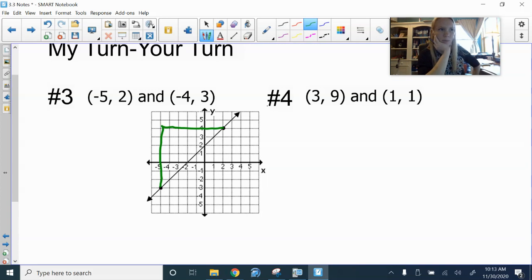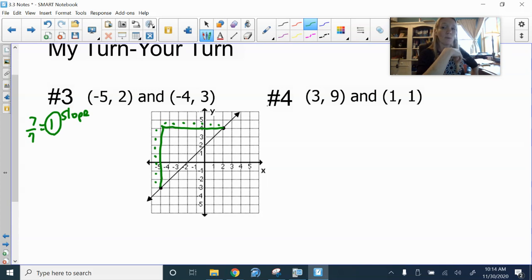Everything's going to take a little bit longer because it just takes longer on the computer. 7/7. Good. Okay. Rise of 7, run 1, 2, 3, 4, 5, 6, 7. So 7/7 is our slope, which we could reduce. That's just 1. So there's our slope.